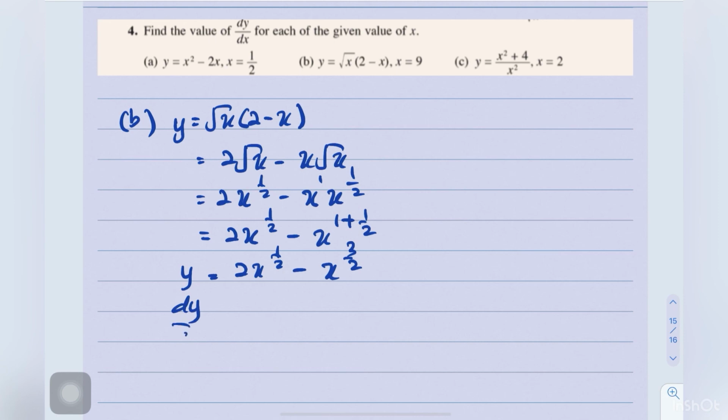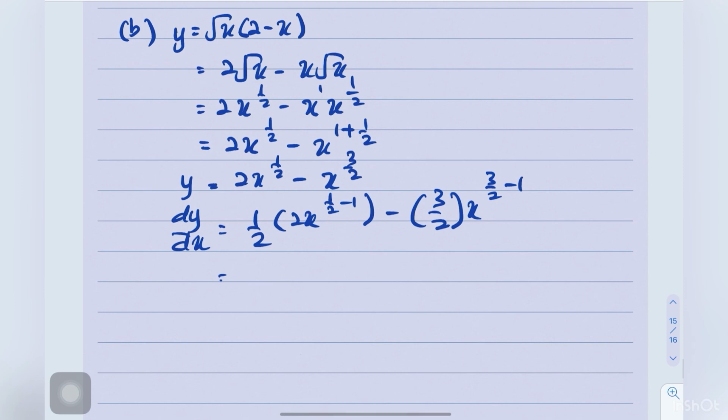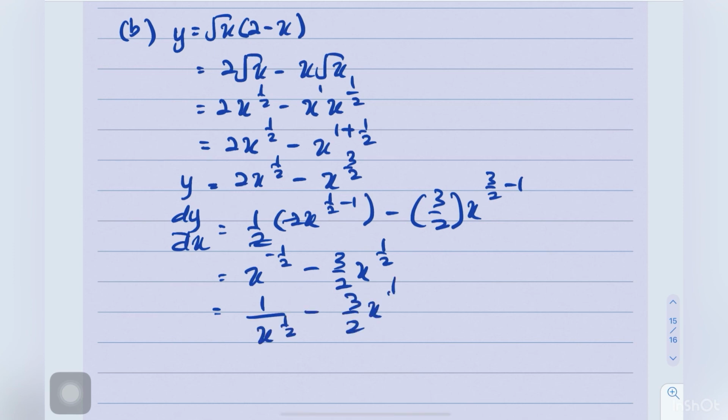So differentiate: dy/dx equals (1/2)(2)x^(1/2 - 1) minus (3/2)x^(3/2 - 1). Then here is x^(-1/2) minus (3/2)x^(1/2). So we simplify: 1 over x^(1/2) minus 3 over 2 x^(-1/2).